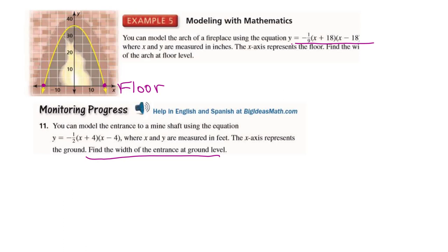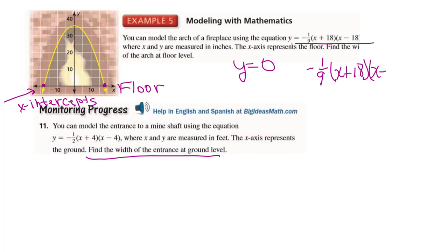So if you notice from what you were doing in the lesson, these are the x-intercepts. And the x-intercepts mean that y equals 0. So what we're going to do is we're going to take this equation and set it equal to 0, because y is how high off the ground you are, and if we're on the ground, it's 0.